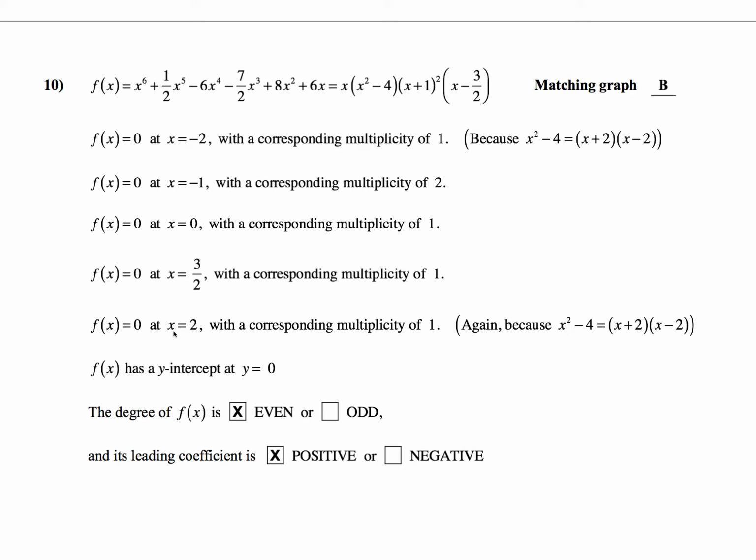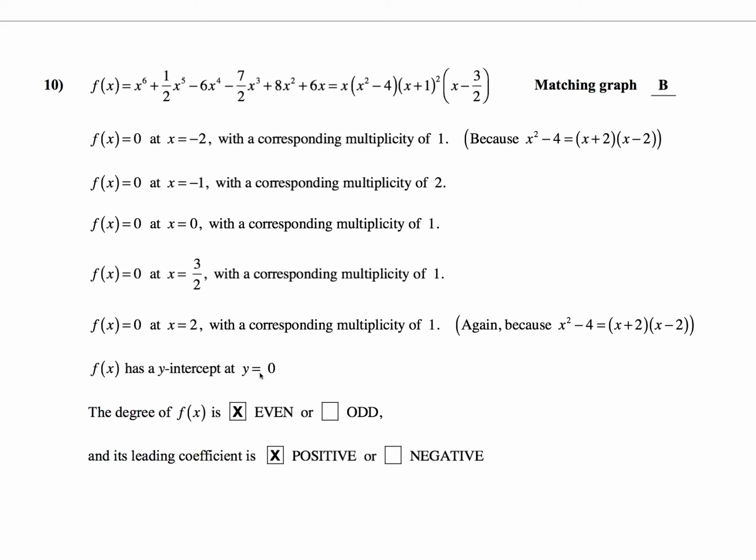And finally down here, there's a 0 at +2. Again, this is because the x squared minus 4 is the difference of two squares, and it factors as x plus 2 times x minus 2. And the y-intercept is 0, because if you put a 0 in for x everywhere, you get a function value, or a y value, of 0.